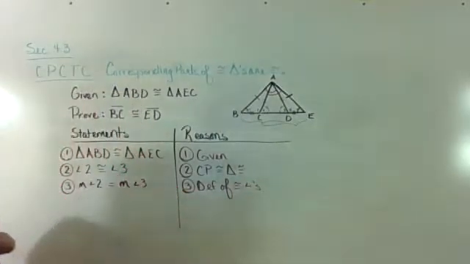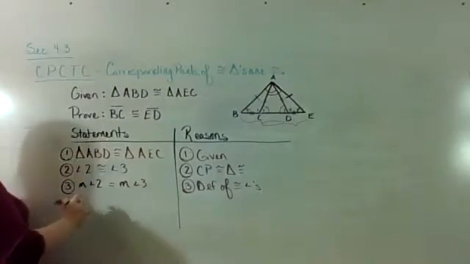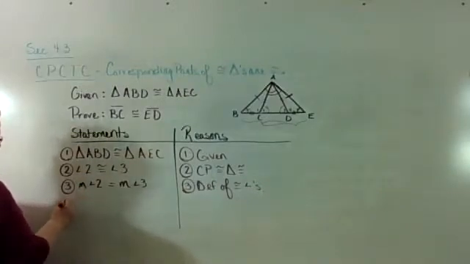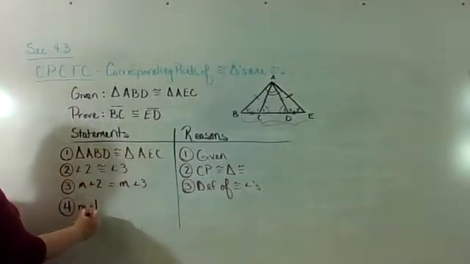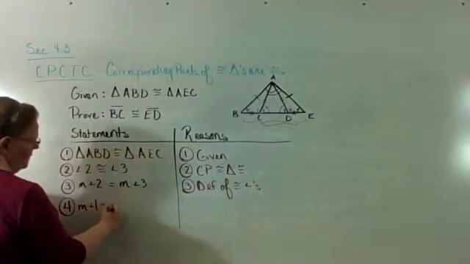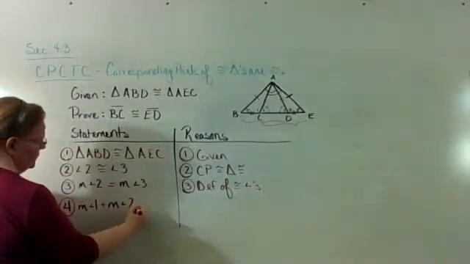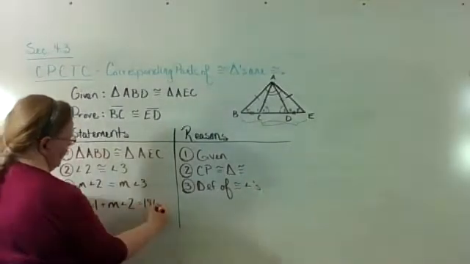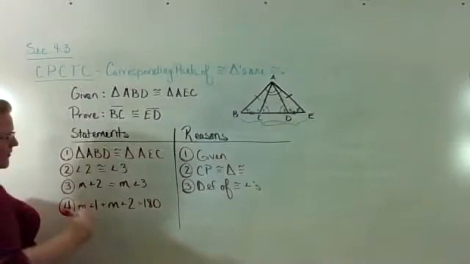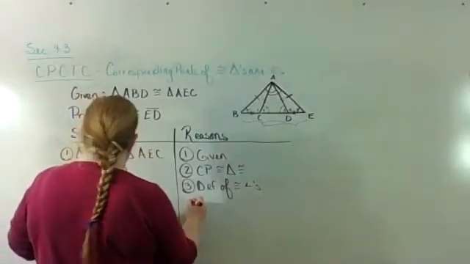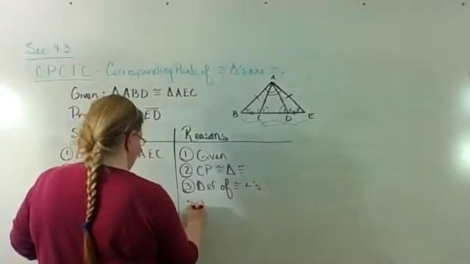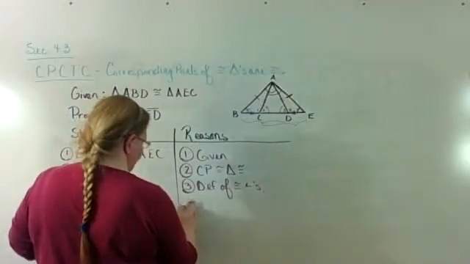So now that I have that, I can say that the measure of angle 1 plus the measure of angle 2 is equal to 180 because they are a linear pair. Oh, sorry, that's 4.